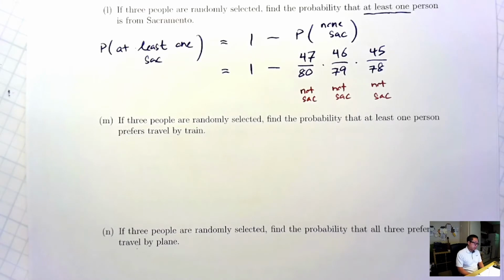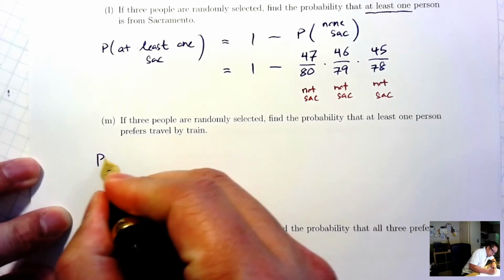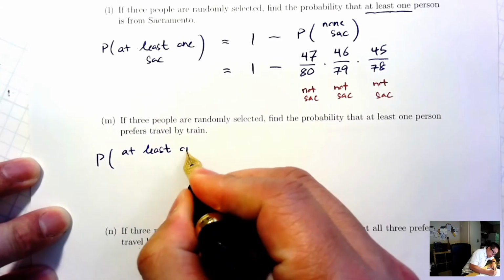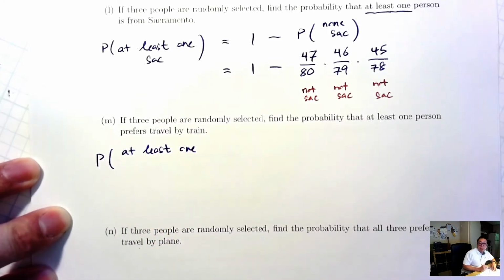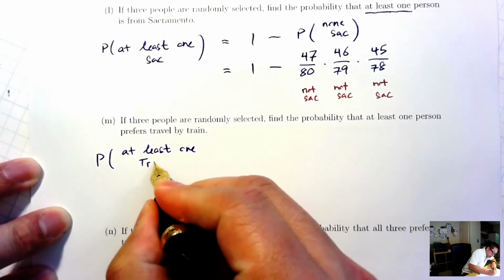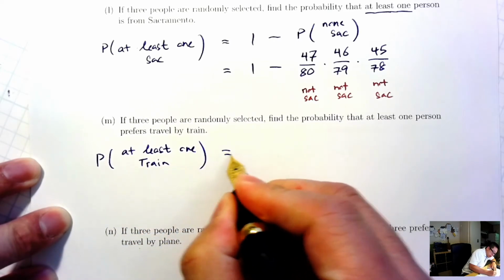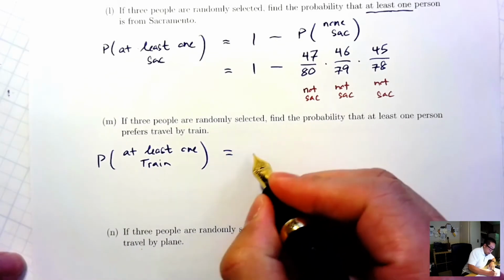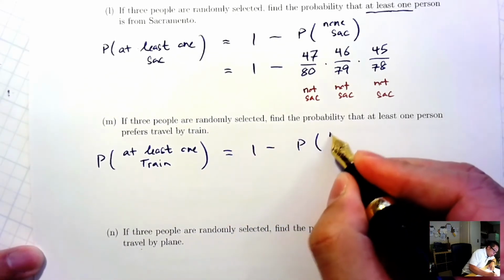Part M. If 3 people are randomly selected, find a probability that at least one person prefers travel by train. Okay, so I'm trying to calculate at least one train. The easy way to do at least one train is to do 1 minus probability none train.